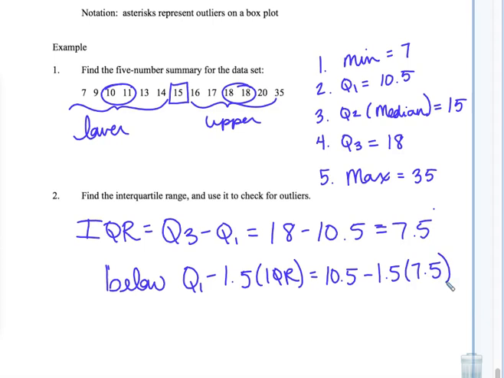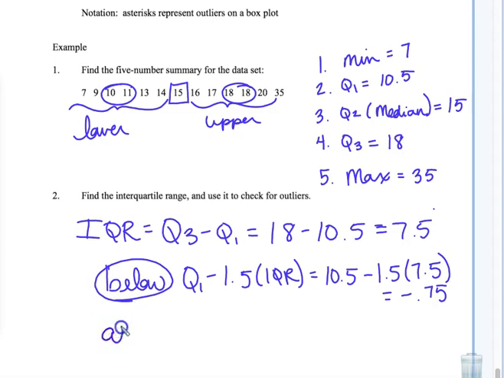When we do that, 10.5 minus 1.5 times 7.5 equals negative 0.75. So we're looking: do we have any number in our set that's below that? We don't. Our smallest number is 7. That's definitely not below that, so the bottom end of the data is fine.